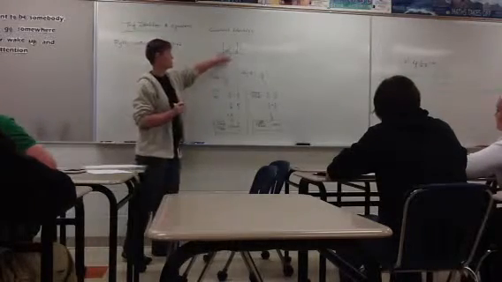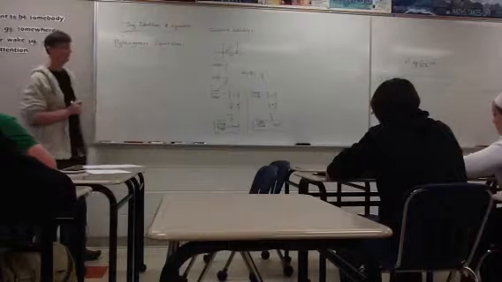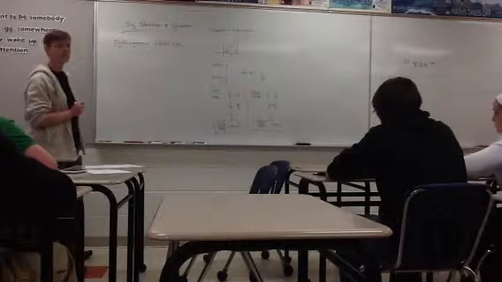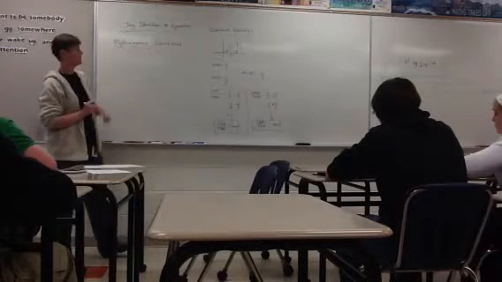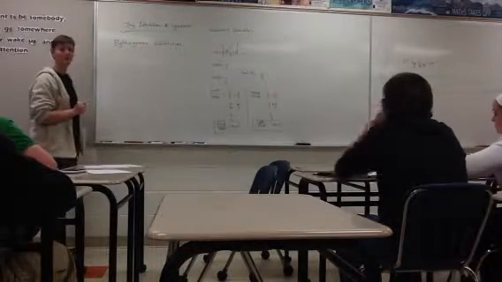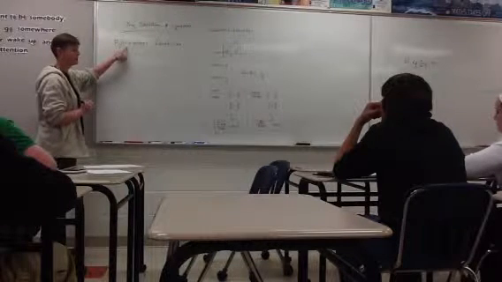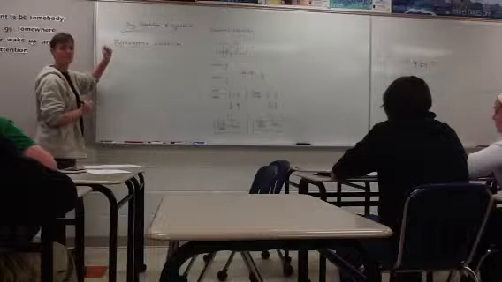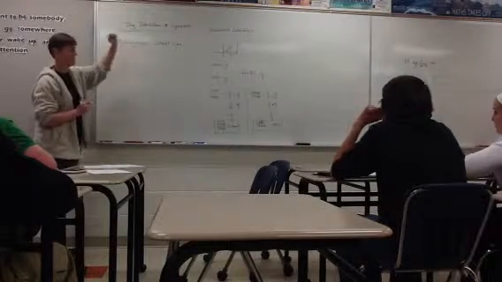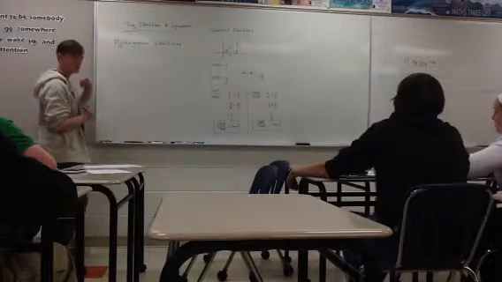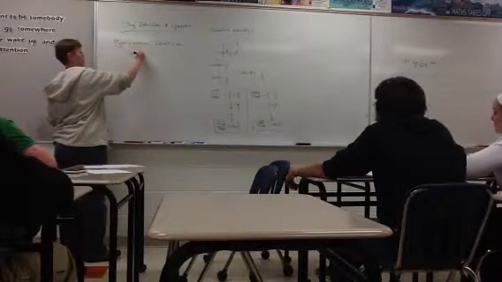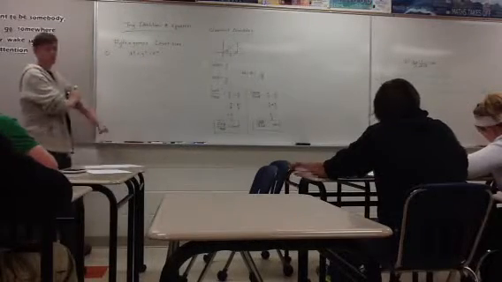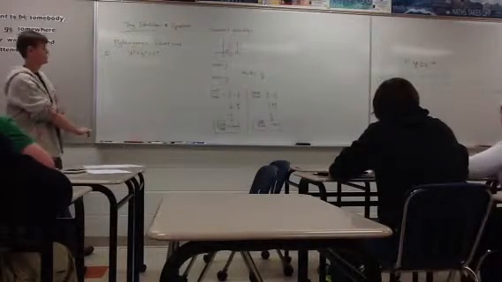What relationship can I say about this triangle? Using that triangle, what can I say? All right, a squared plus b squared equals c squared. There are three identities, that's why I put three examples.